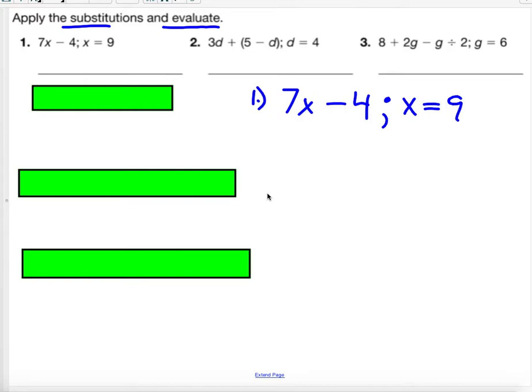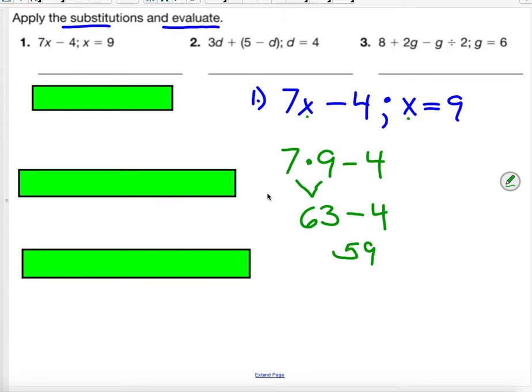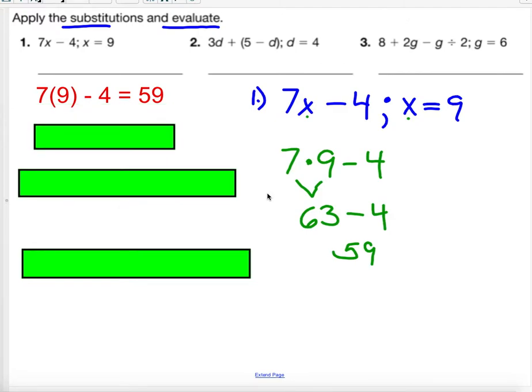In this case, all we do is substitute the value of x in the expression and then complete the expression using the order of operations. So our expression is actually 7 times the value of x, which is 9, minus 4. 7 times 9 is 63. 63 minus 4 equals 59. 7 is a coefficient.